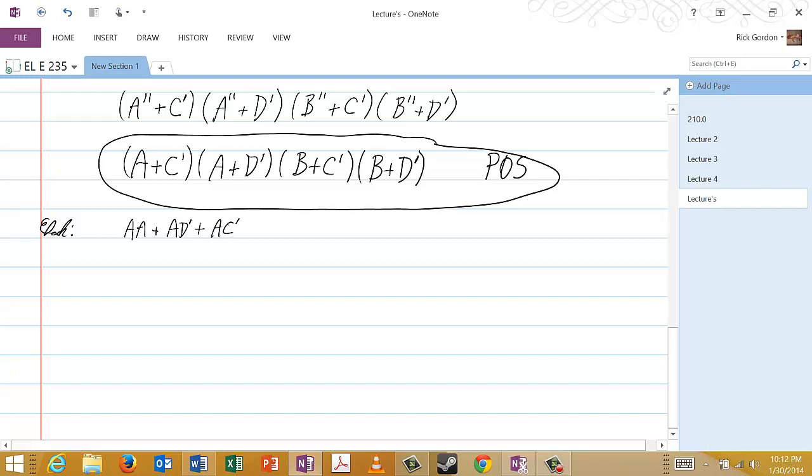Notice there that I'm changing the order. C complement A is equal to A C complement, but we know that's true because ANDing is commutative.